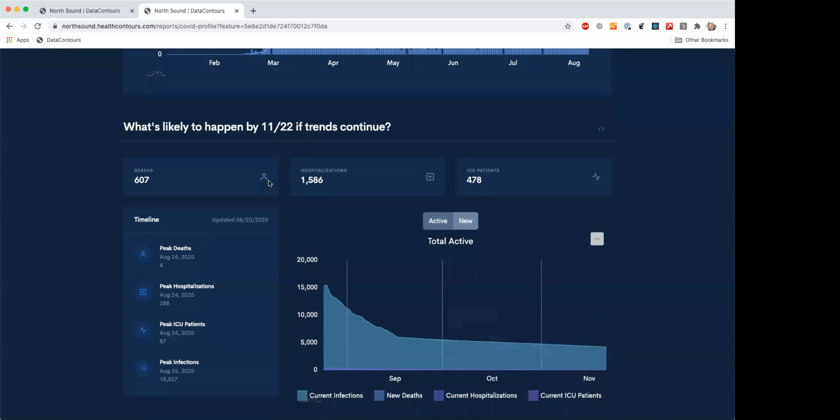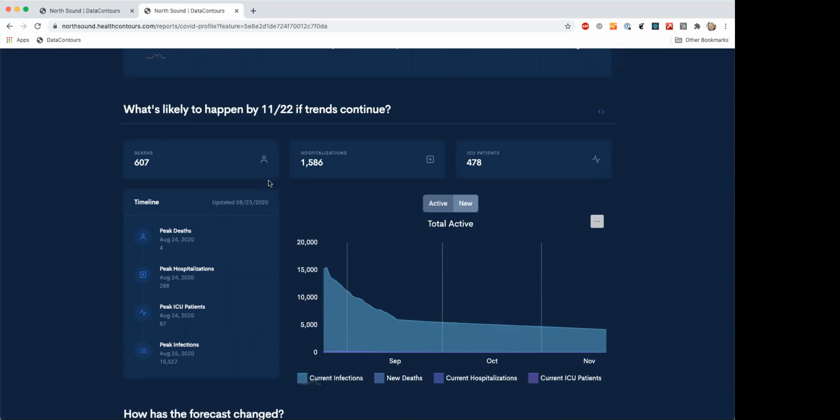For the 90-day, based on the current trajectory, we would probably see a downward trajectory in the fall off of active cases as the new plateau is reached. We're down a third from where these active cases were, and we would project at that current level a slight decrease through November.